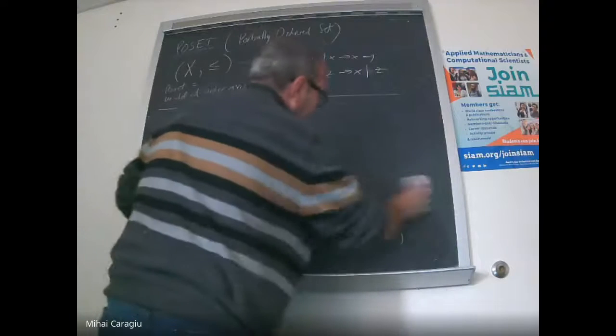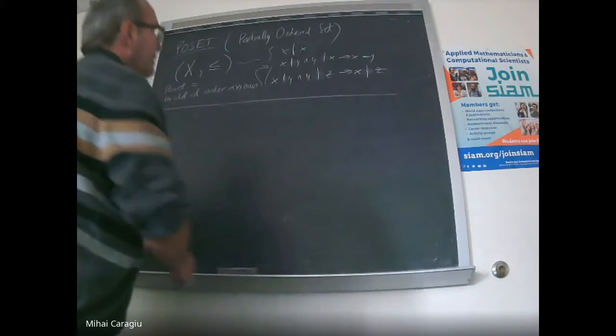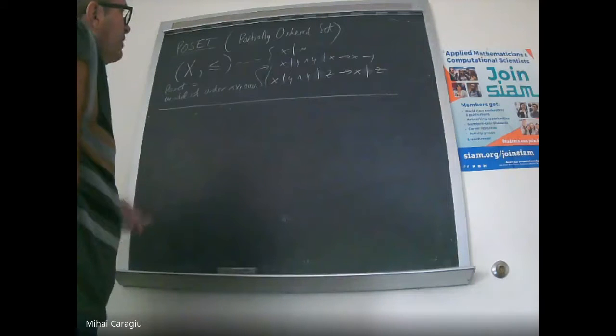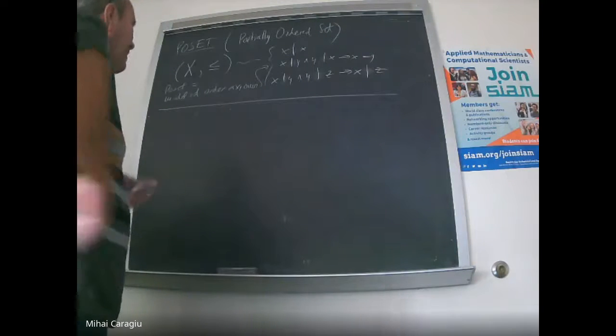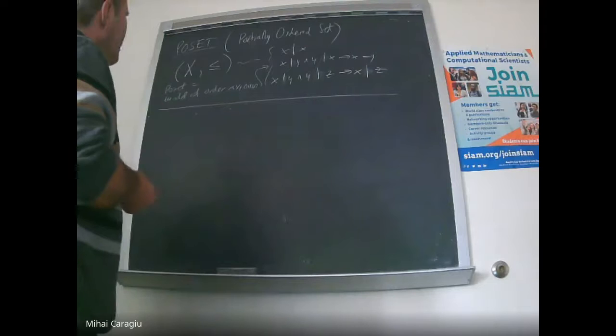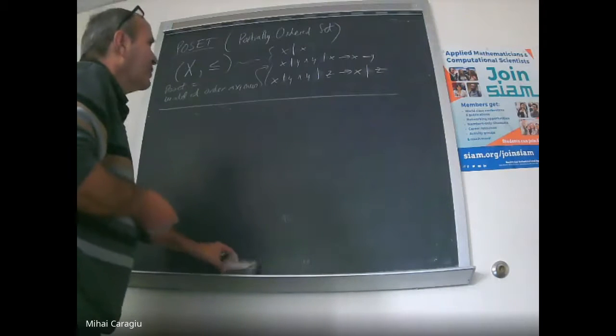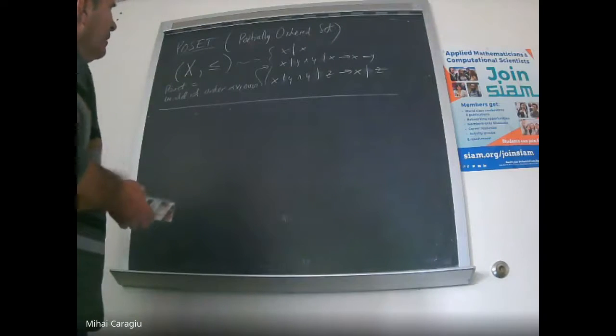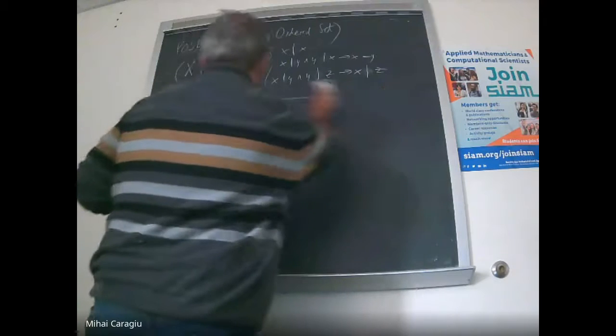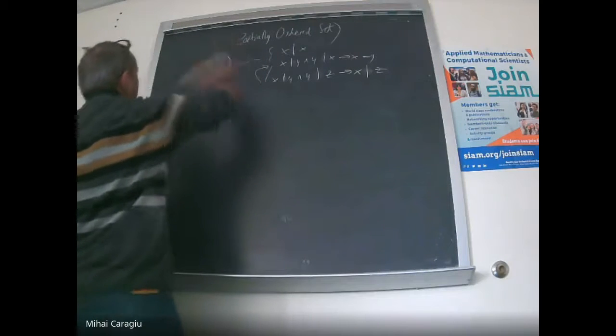Like in the case of relations, where we had conceptual diagrams which ease the understanding of the concepts, for order relations we again have diagrams which ease the understanding. These are the Hasse diagrams.